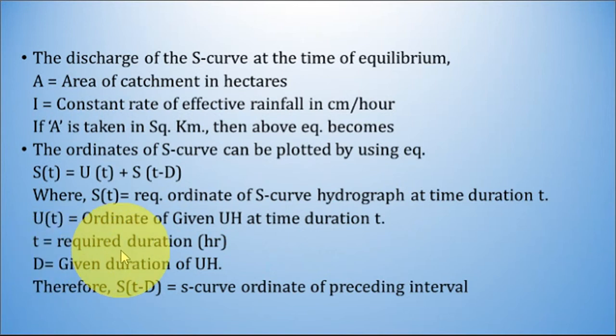Small t is the required duration in hours. Capital D is the given duration of the unit hydrograph. Therefore S of (t minus D) is the S curve ordinate of the preceding interval. So this equation is important from the viewpoint of finding out the ordinates at a particular time t for the S curve hydrograph.